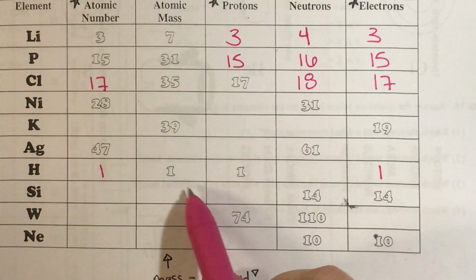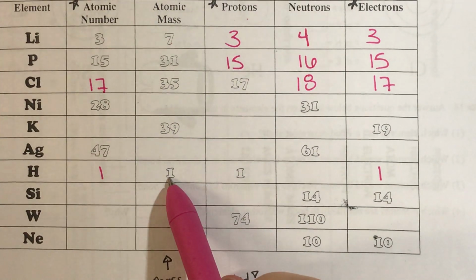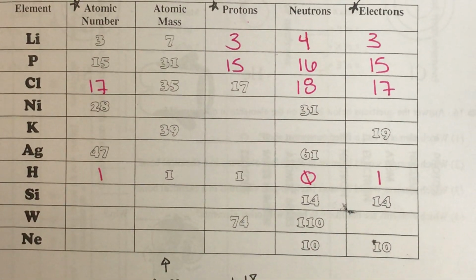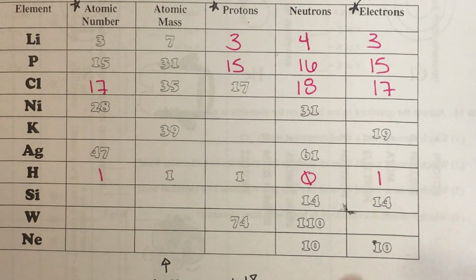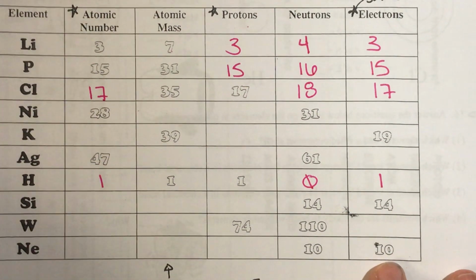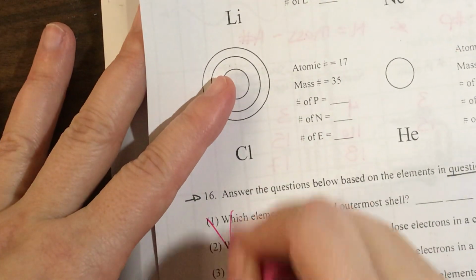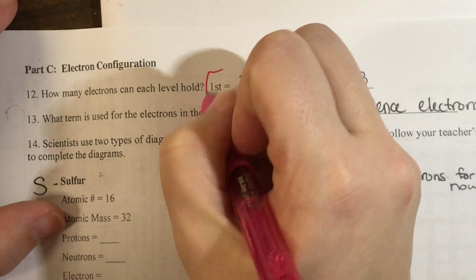And then when I get down here, atomic mass of 1 minus 1 gives me 0. So you should be able to do the rest of that and get some nice, decent answers. On the back side, go way up to the top.